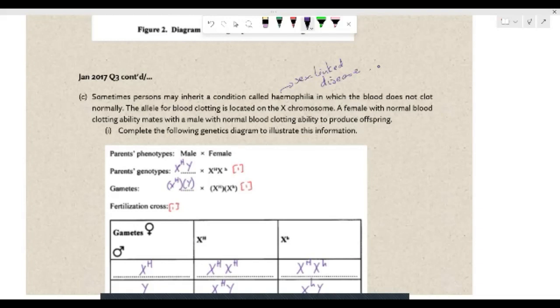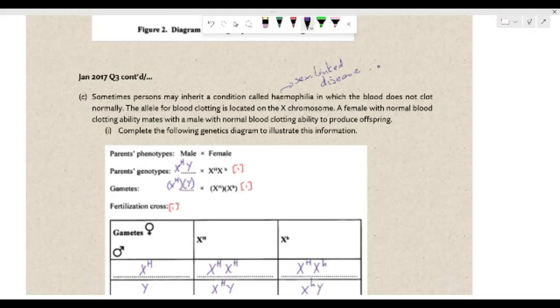This one is inherited, and in this condition, the blood doesn't clot normally. The allele is on the X chromosome, so therefore the Y chromosome does not have the allele, right?